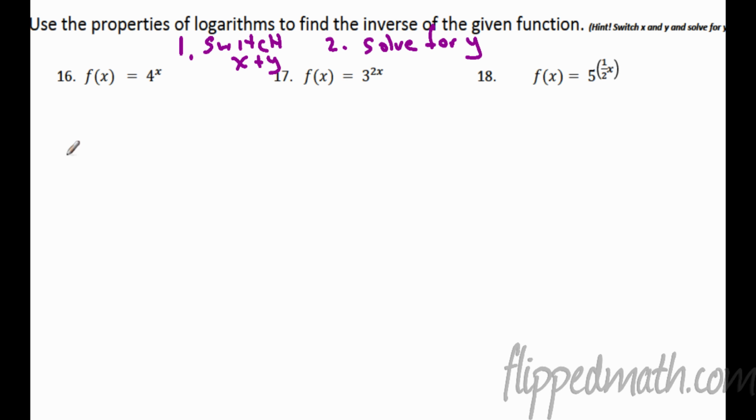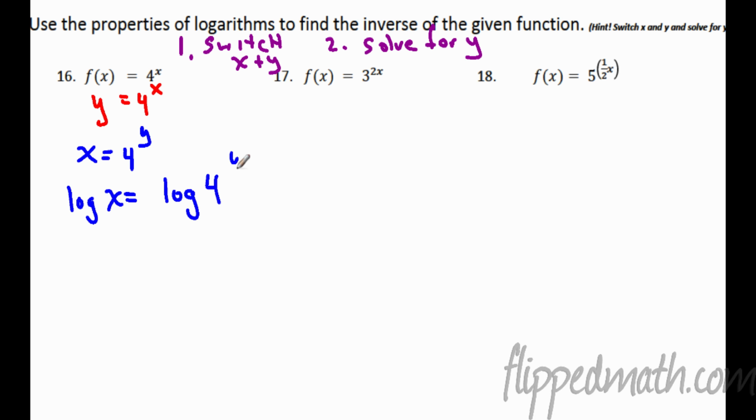So I'll show it in red when I write the function out, y equals 4 to the x. Remember, f of x, we can just replace it with a y, and then we switch x and y. So when I do that, I'm going to get x equals 4 to the y. Now at this point, we're just going to use our property of logs. We're just going to take the log of both sides. So the log of x is going to equal the log of 4 to the y power, but I can bring that y down front.